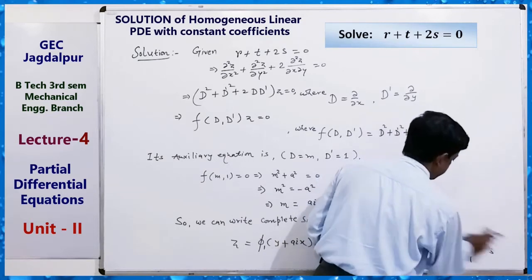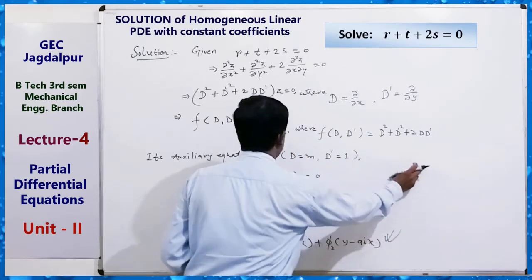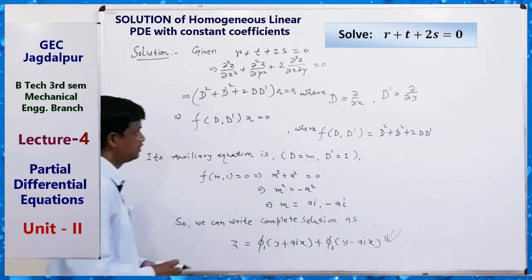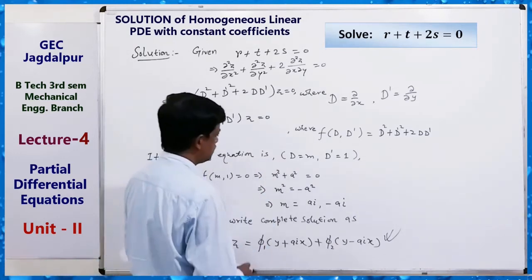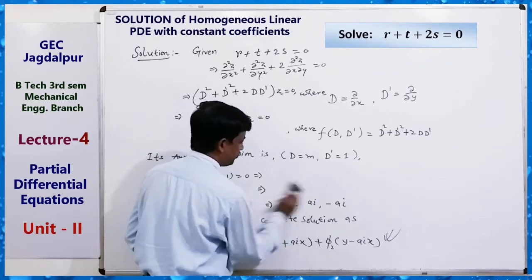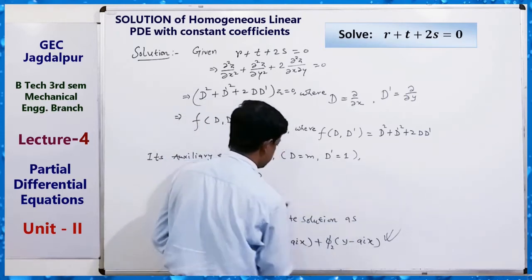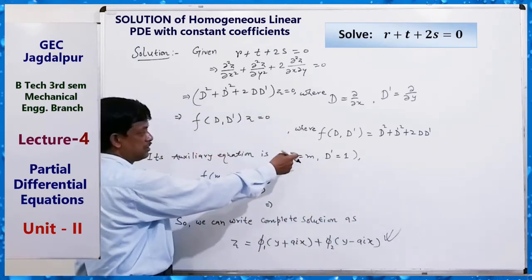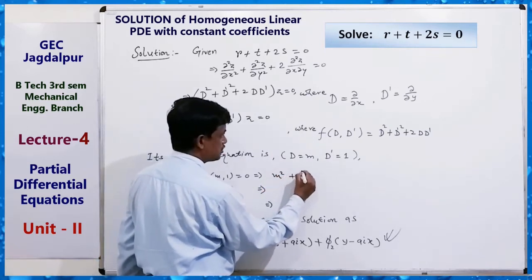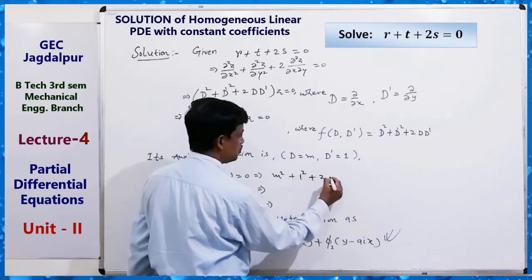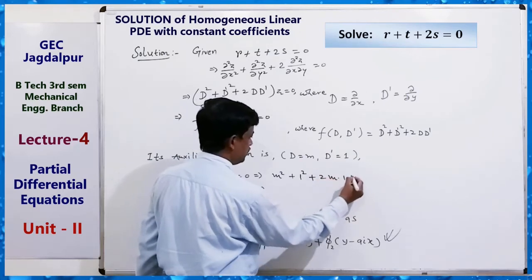Same method. The auxiliary equation we can write, in place of D, m. So m² + 1² + 2m·1 equals 0.